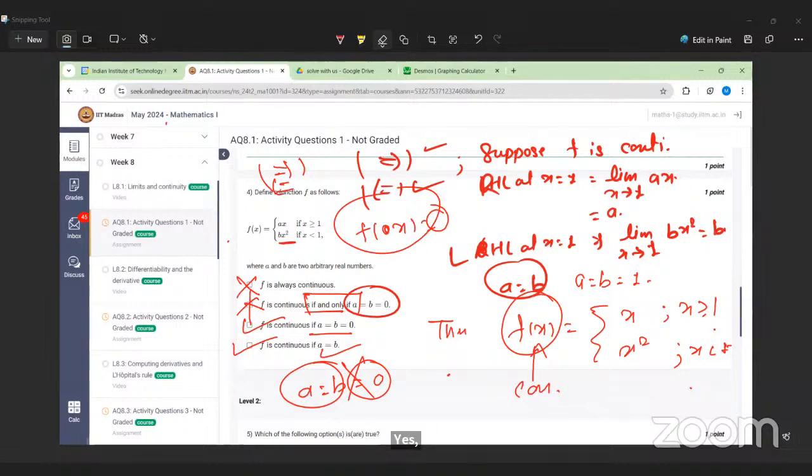Ma'am, activity number 8.2. Okay, in 8.2, which question?